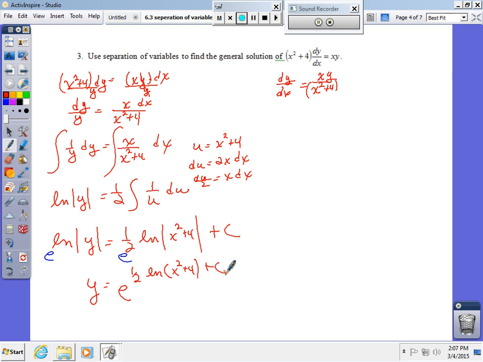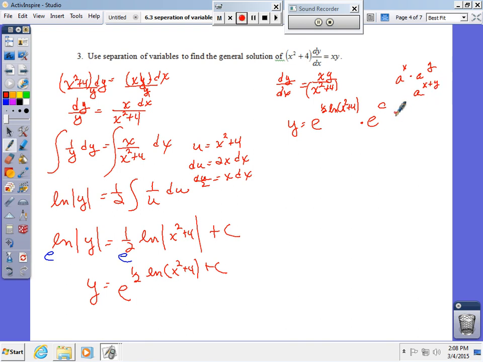Again, I'll show this one more time how this c comes out in front. So it's going to be y equals e to the 1/2 of ln of x squared plus 4 times e to the c. And again, that's the idea of a to the x times b to the y. I think I wrote it the other way last time, but that's wrong. I have to have the same base. a to the x times a to the y is going to be a to the x plus y.